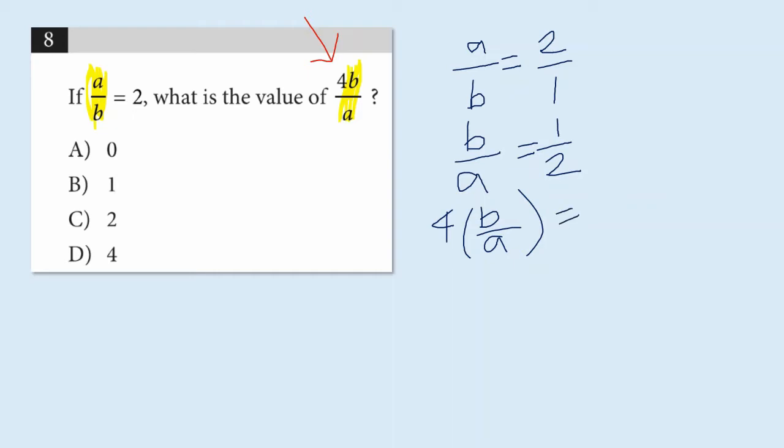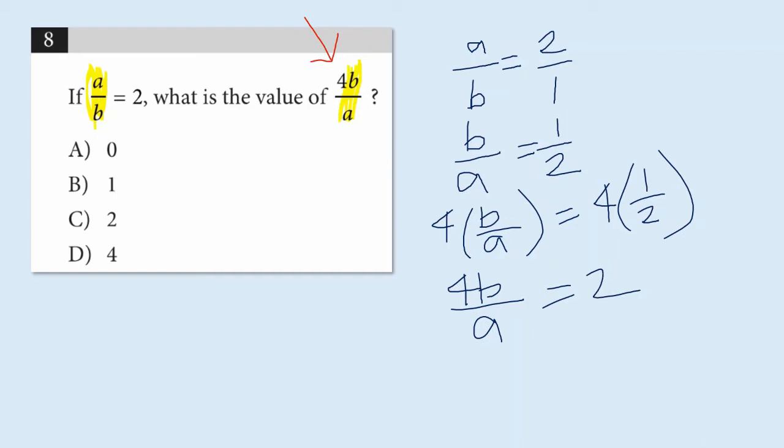And you know that I need to do the same thing to the right side of the equation, which would be 4 times 1/2. And if we simplify this, on the left we have 4b over a, which is what we wanted. And 4 times 1/2 is 2. So that looks really good. It looks like the answer is going to be C.